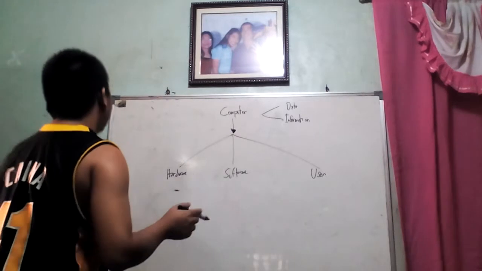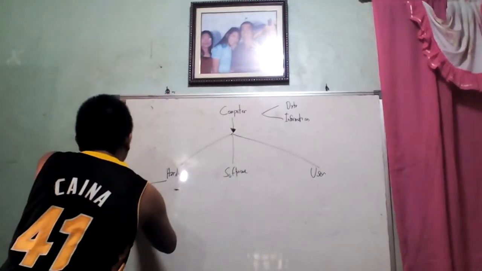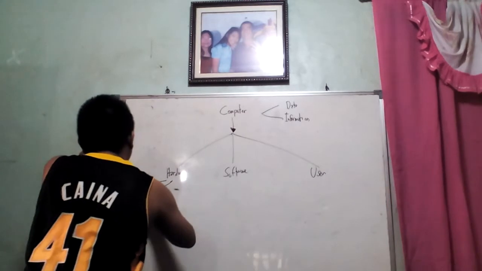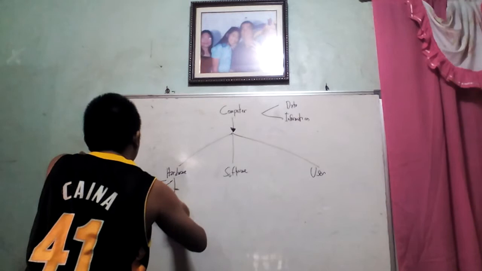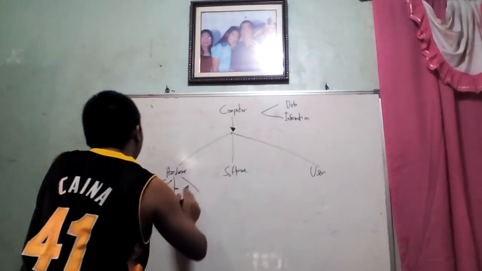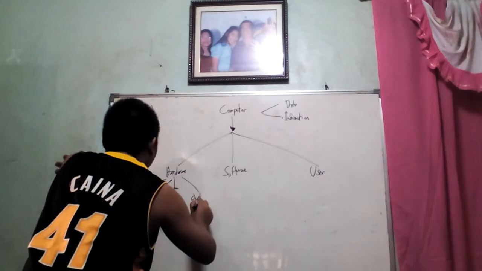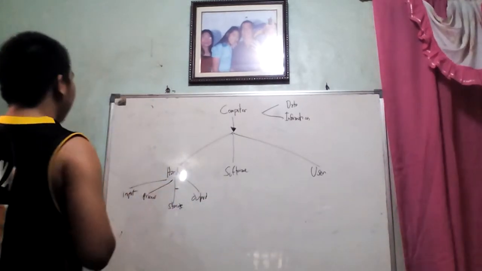Number one, we call it the input devices. Input. Next is process. Next is storage. This is the basic, no? If there is something wrong, please comment if there's something wrong.